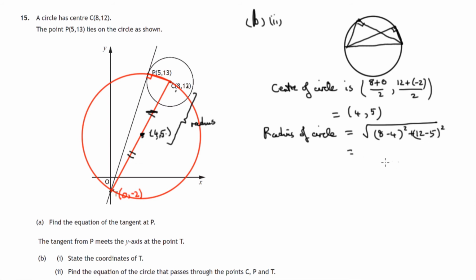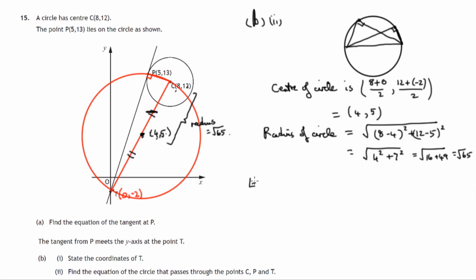Let's see what that comes to. 8 minus 4 is 4, so 4 squared, plus 5 away from 12 is 7. So we've got 16 plus 49, that's 65. So the square root of 65 is the radius of the circle.